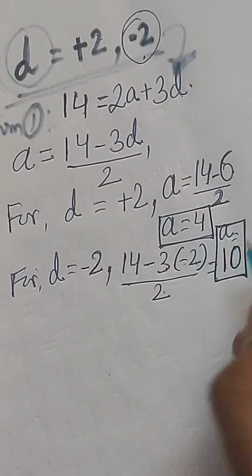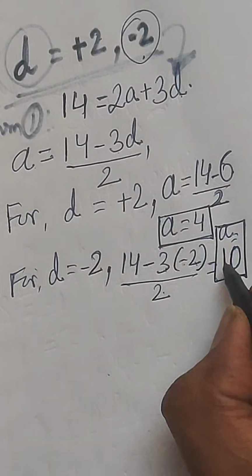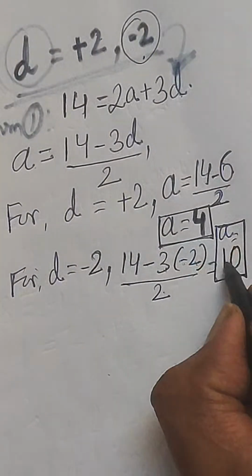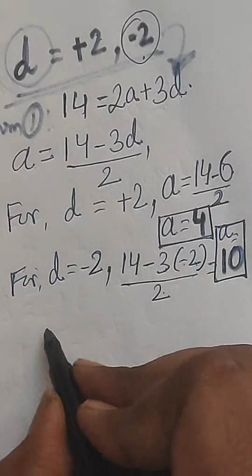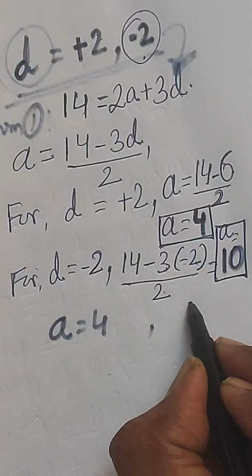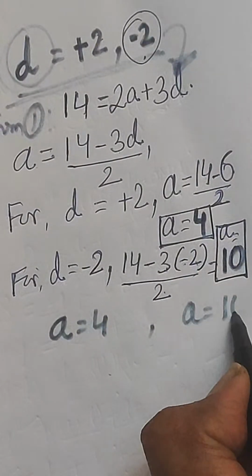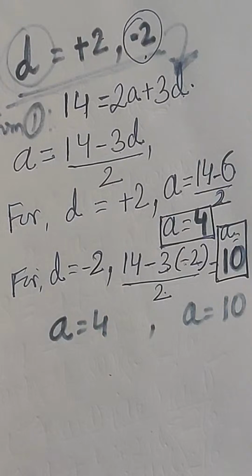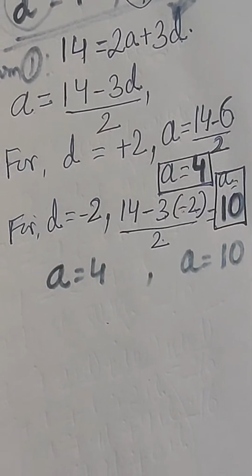So there will be two values of a. One is 4 and another is 10. So for A equal to 4 and for A equal to 10, two pair of combinations will happen.